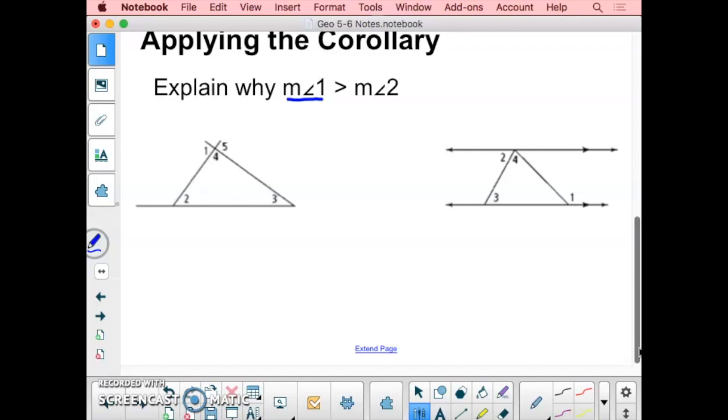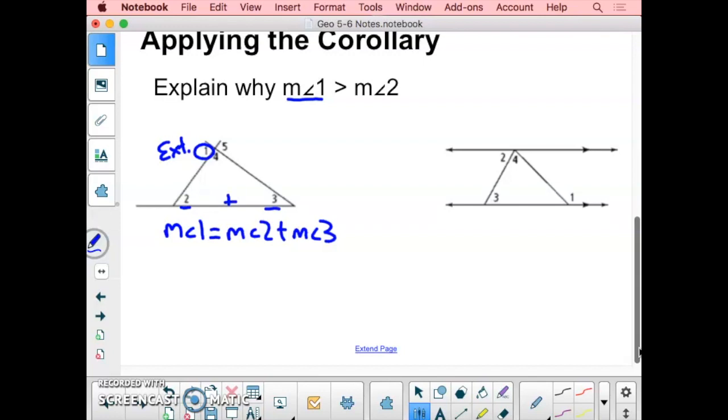So if I look at angle 1 right here, angle 1 is an exterior angle. That means that the measure of angle 1 is equal to the measure of angle 2 plus the measure of angle 3. Since that is an exterior angle, the two remote interiors, 2 and 3, add up to be equal to 1.